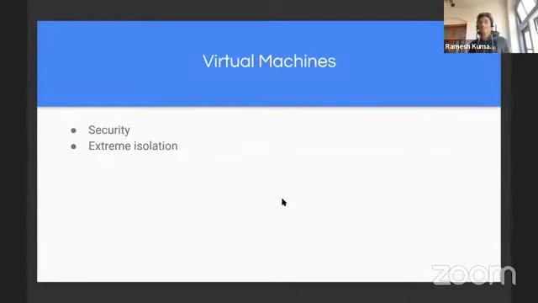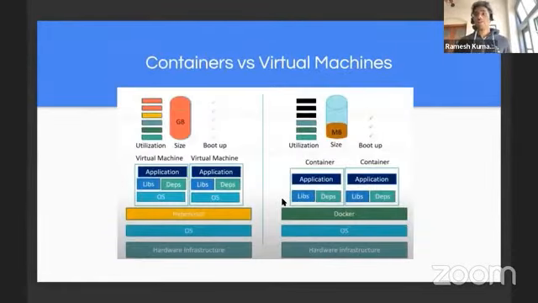Virtual machines provide much better security than containers. Security in the sense that they are in extreme isolation from each other. Even the operating system is isolated. In containers, the operating system is shared. In virtual machines, it is not shared, but they have different kinds of drawbacks. I'm going to talk about it.